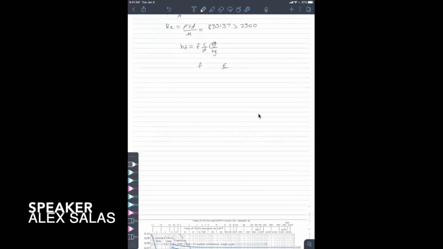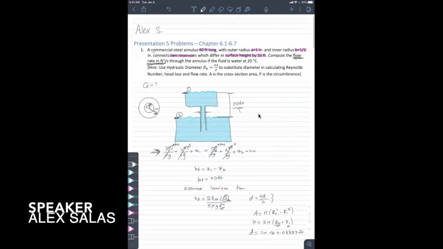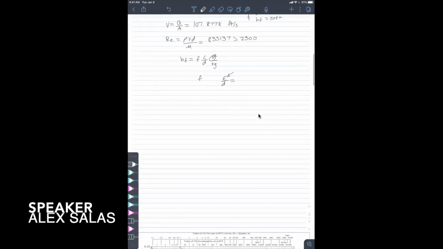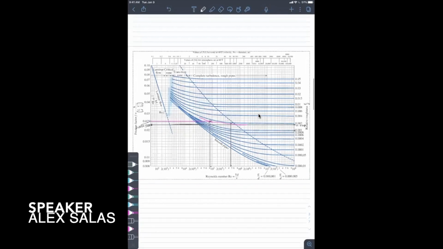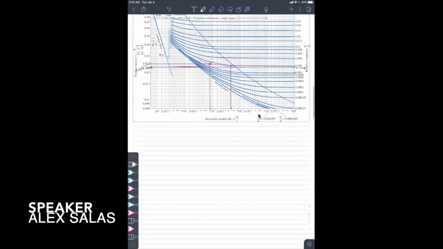F is dependent on the relative roughness. This is a value that is given by the fact that we have commercial steel. And so the ratio ends up being 0.0018. Now we're going to go over to the Moody chart to estimate our first guess for the friction factor.